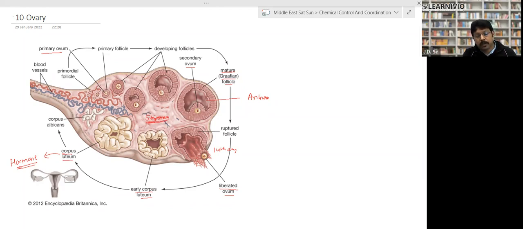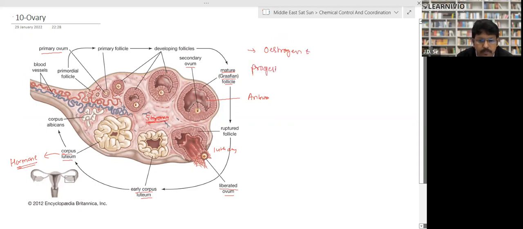Hormones secreted by the ovary include estrogen and progesterone.